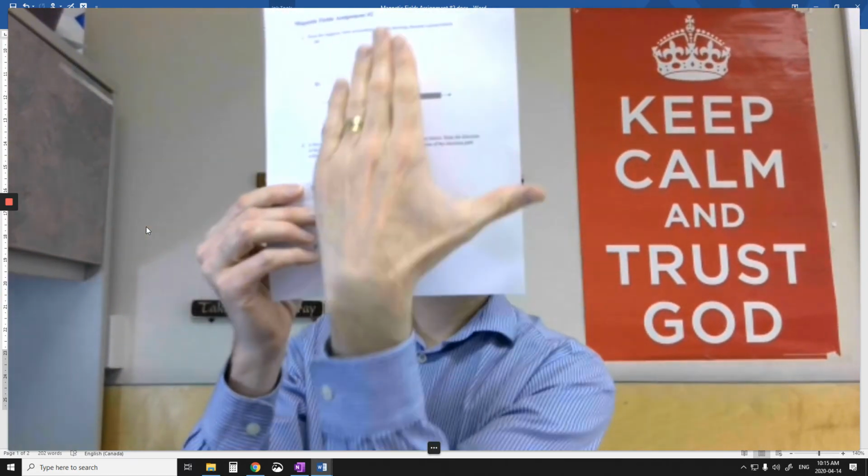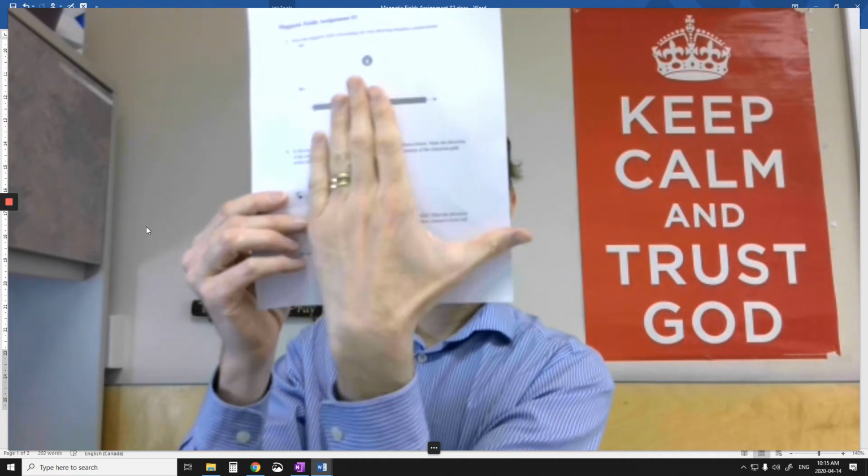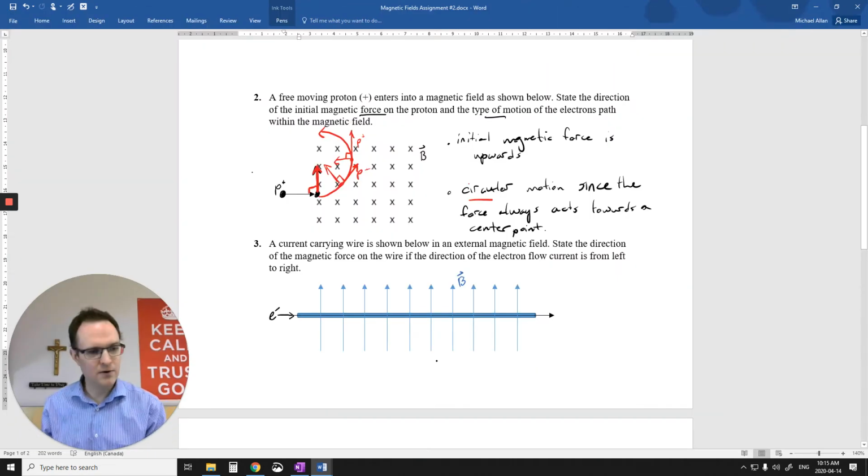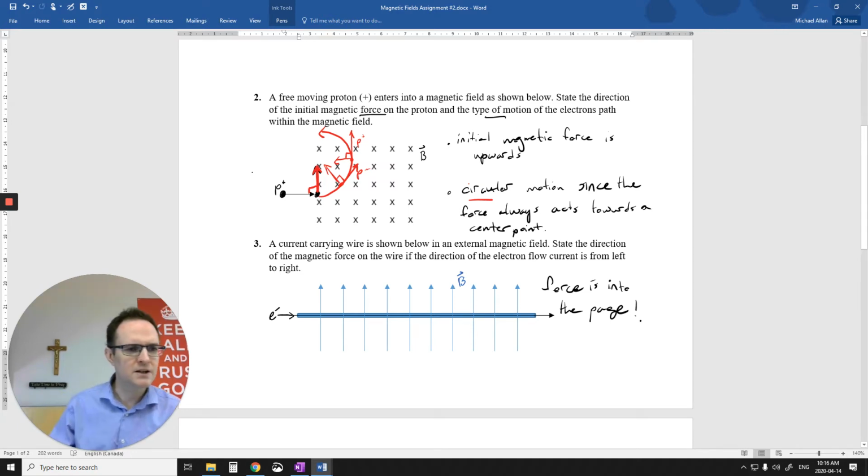My fingers are in the direction of the magnetic field. And you can see that my palm is going into the page when I did that. So my force is into the page. I'm sorry about my handwriting today. There you go, into the page.